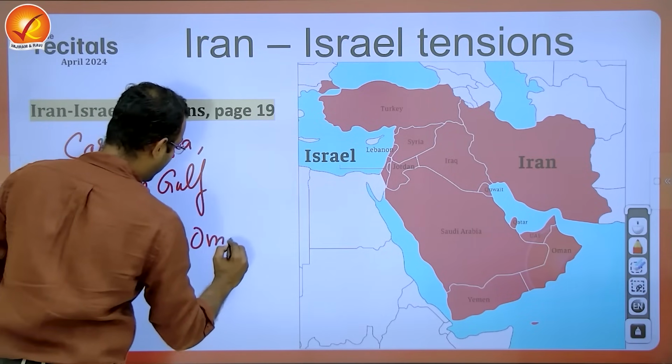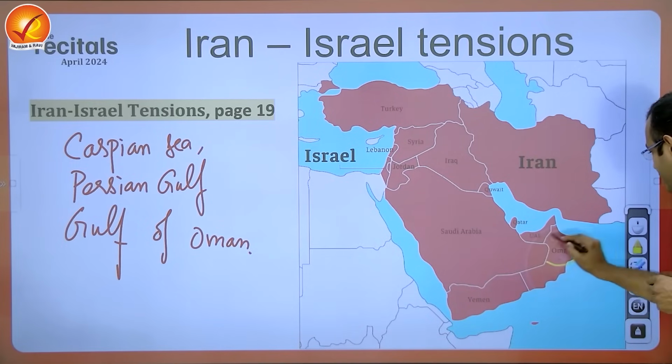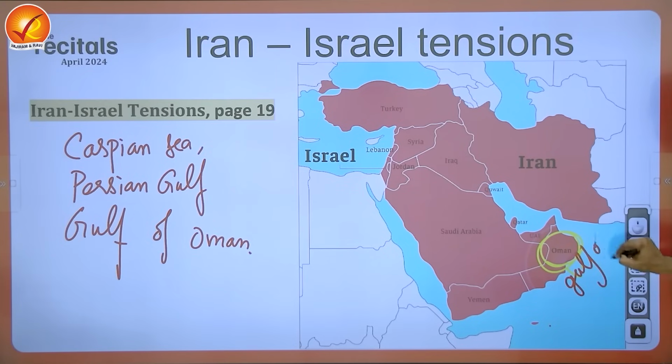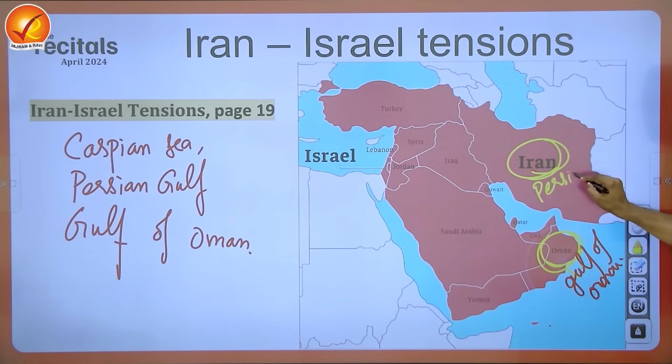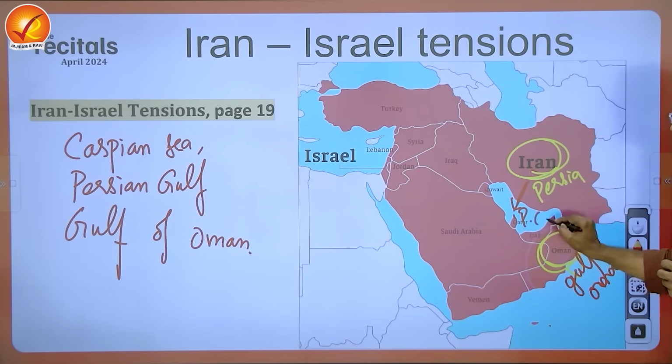See, we do know there is a country called Oman, and the adjoining region is called as Gulf of Oman. Iran's old name is Persia, and the adjoining place, this one is Persian Gulf, and we do have Caspian Sea, which is the largest inland water body. Hope copied.